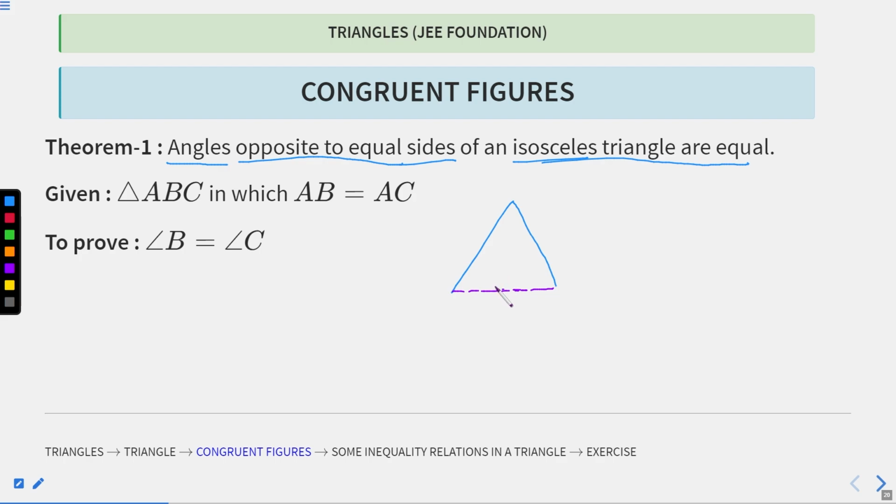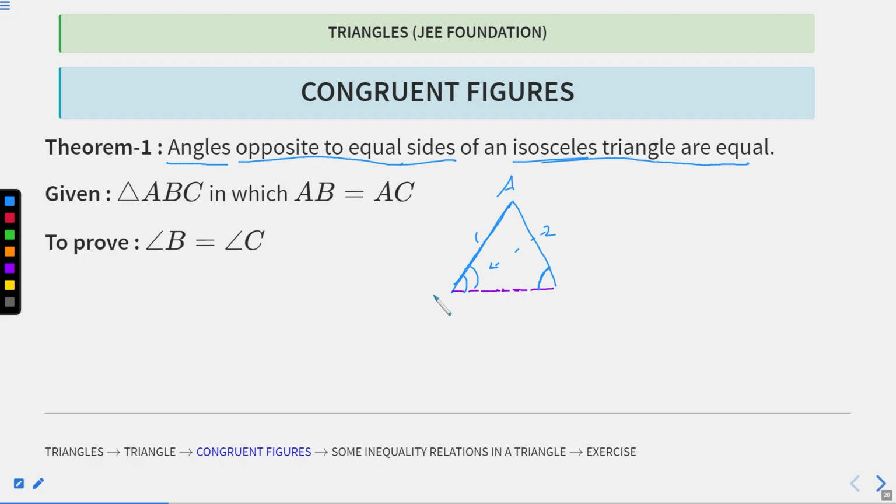The theorem says the angle opposite to the equal side. This is my first side and this is my second side, and the angle opposite to this side is this, and for this side it is this. So these two angles must be equal to each other.